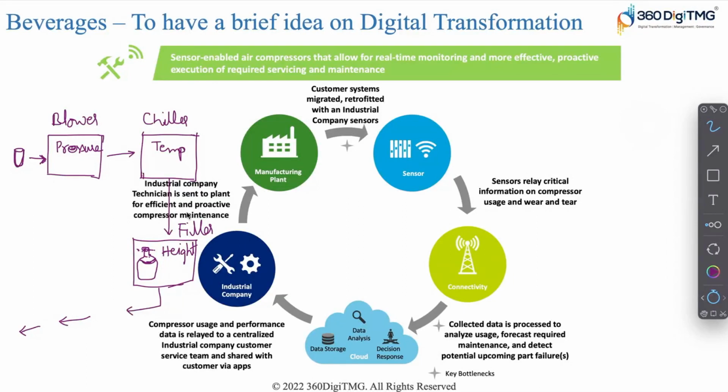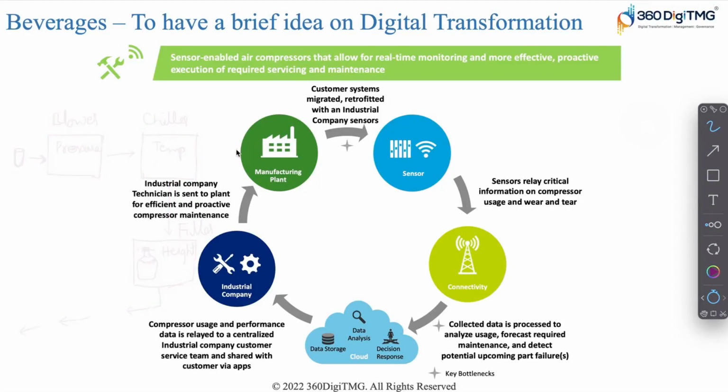Okay, so you will basically install some kind of industrial IoT sensors. This is something that we have done for a component called an air compressor. We can do it for anything, absolutely. Say you're doing this for an air compressor. You're trying to predict whether an air compressor component will fail or not.